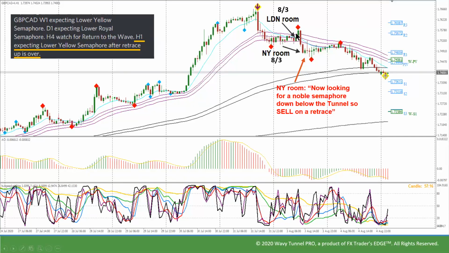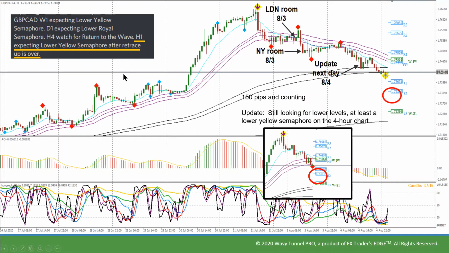So he said very confidently, expect a retrace and sell. Then in the New York room, he says, now looking for a noble semaphore down below the tunnel, so sell again on a retrace. We had this sideways move, and he expected a move down below the tunnel.